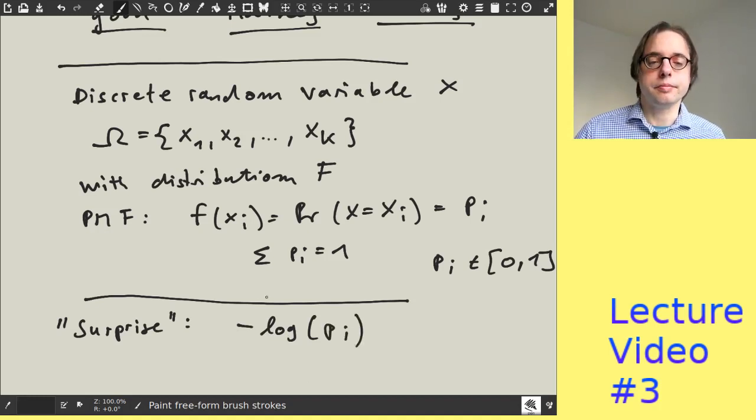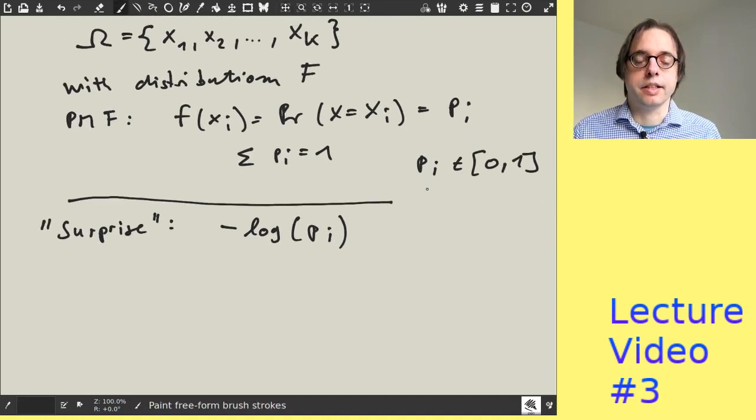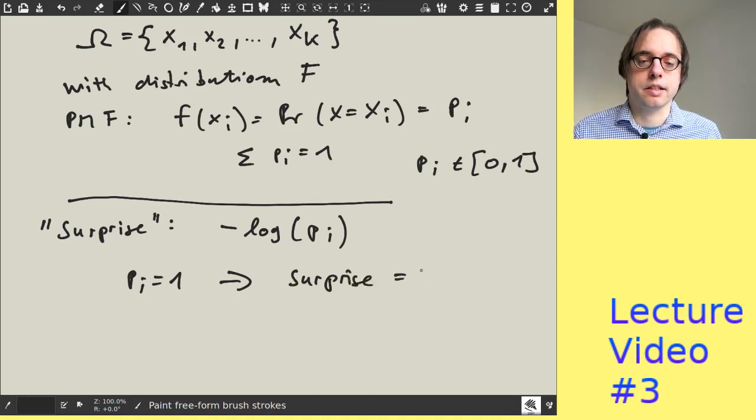So if pi is 1, then the surprise is 0. That means when we have a certain event with probability 1, then we have no surprise.